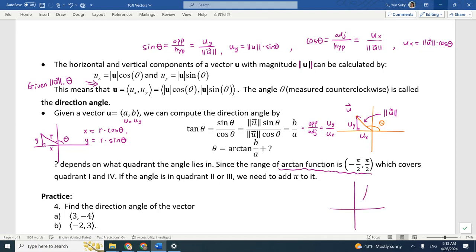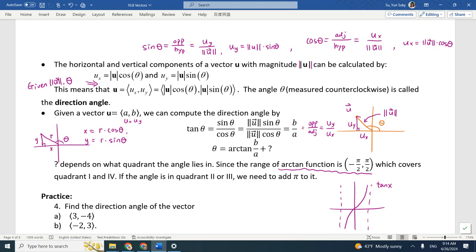So this is the tangent function, of one period. The range of the arctangent corresponds to the domain of the tangent. That's why it's minus pi over 2 to pi over 2. Where's minus pi over 2? Here. And then this is 0, and this is pi over 2. So this range covers quadrant 1 and quadrant 4.